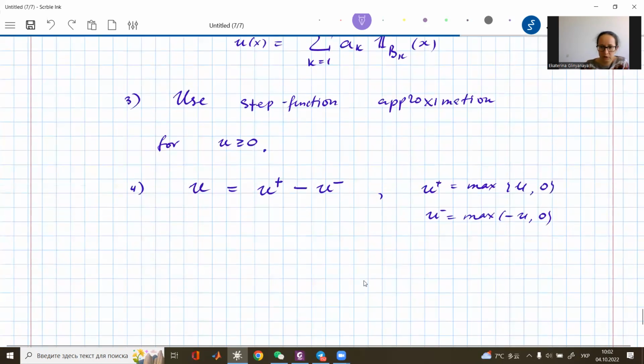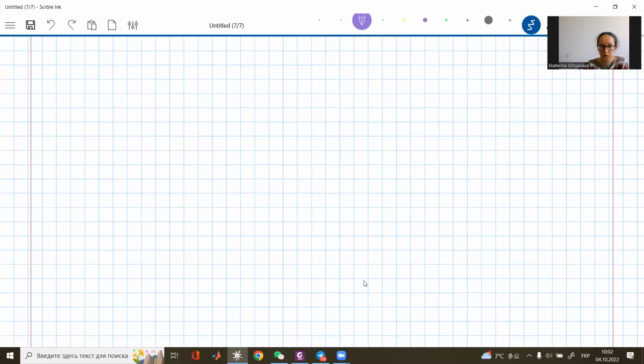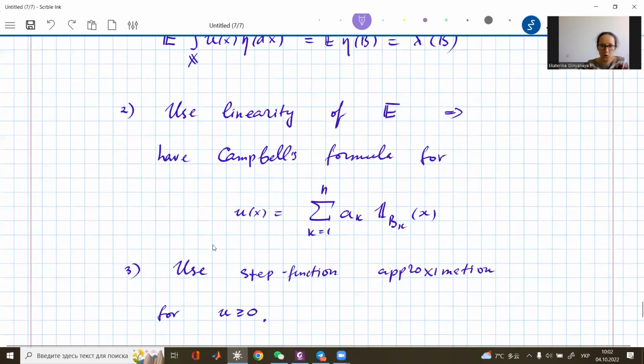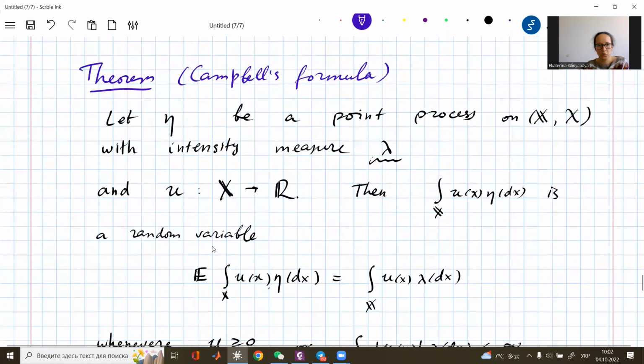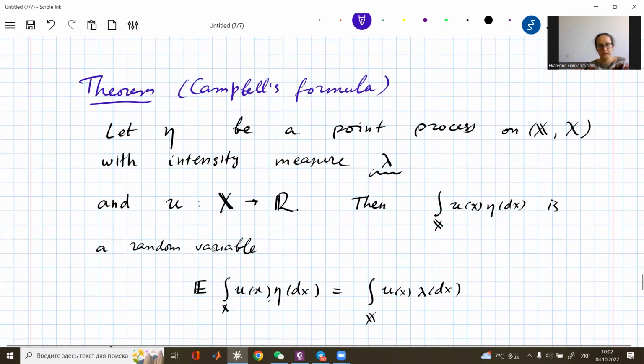These steps prove the Campbell formula, and now we can see that if we know the intensity measure of a point process, we can find at least the expectation of all such linear functionals of the point process.